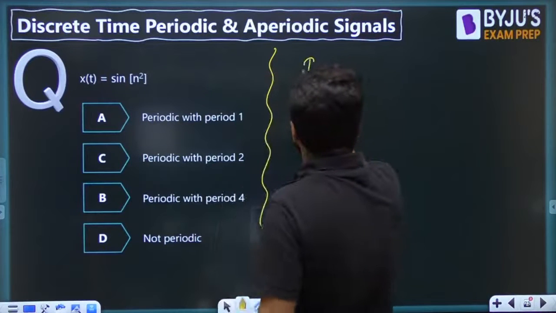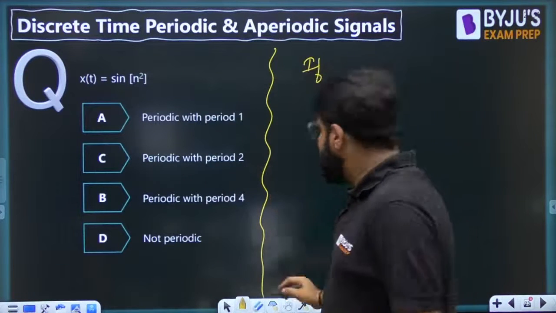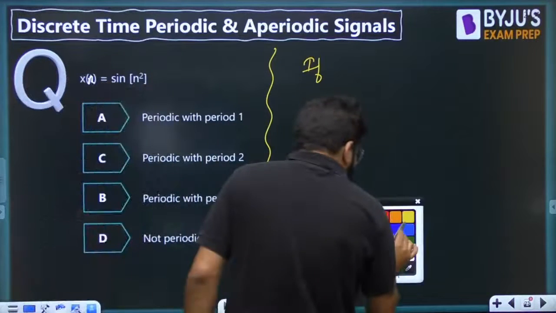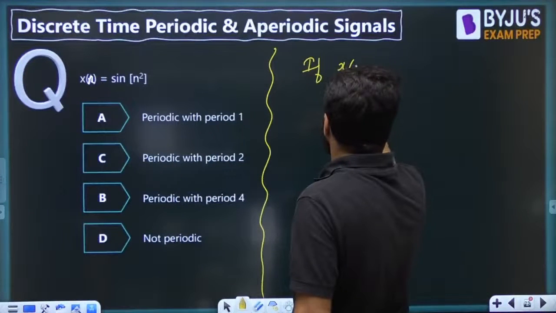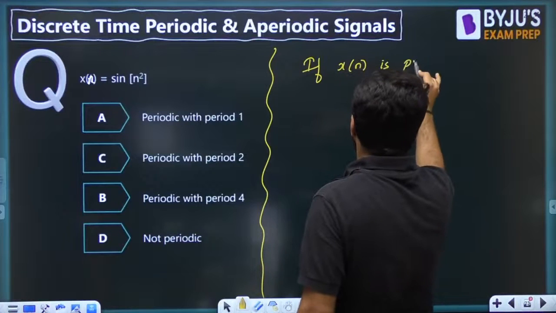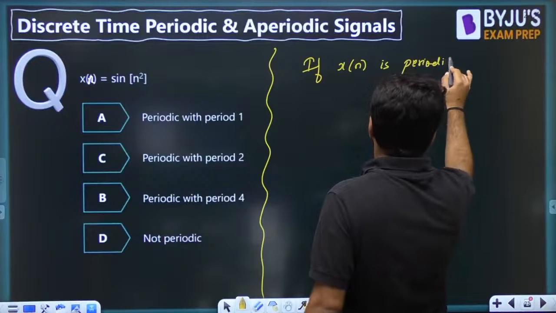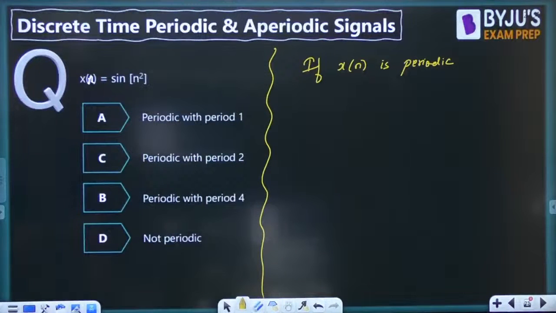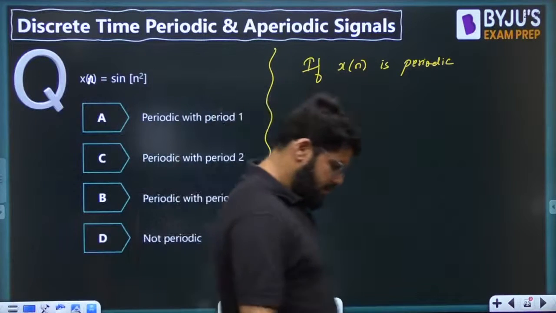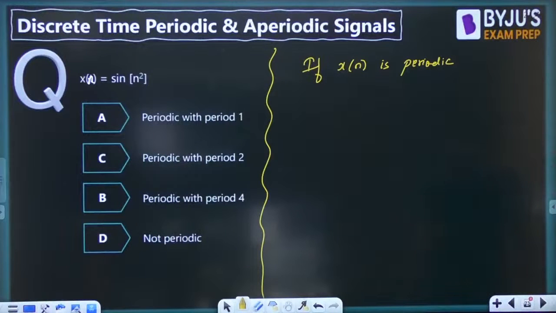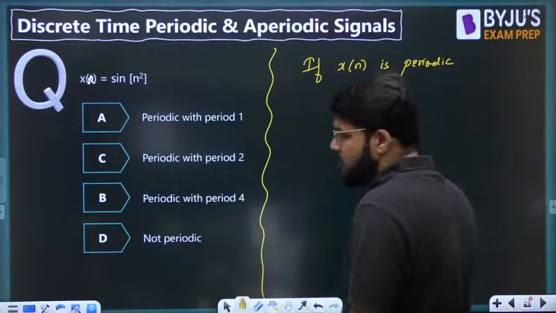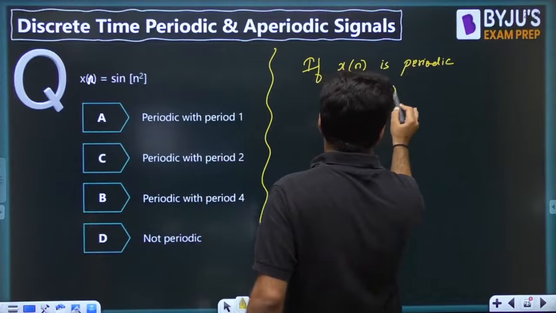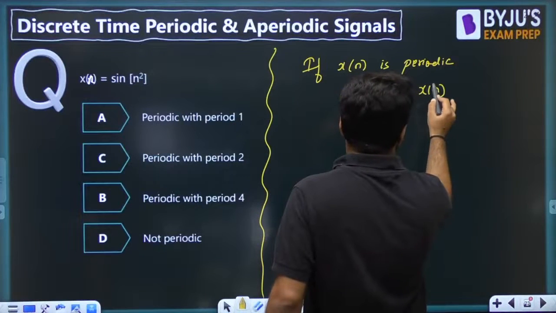But what is the approach for this? See, this is x of n. I can assume that if x of n is periodic, then it should satisfy x of n plus N equal to x of n.